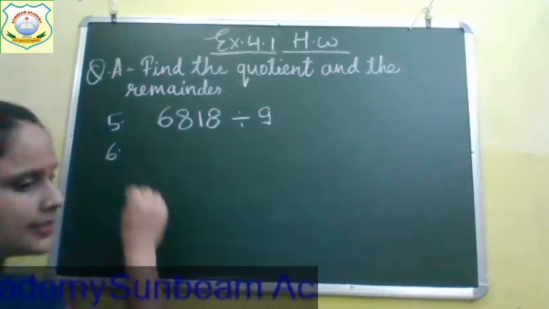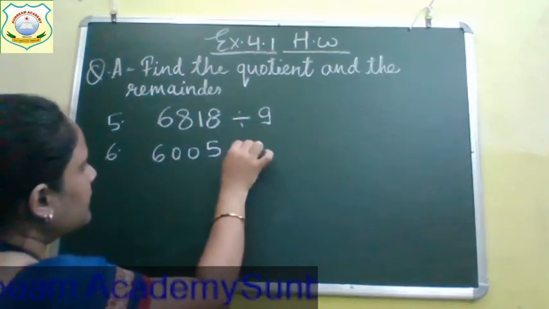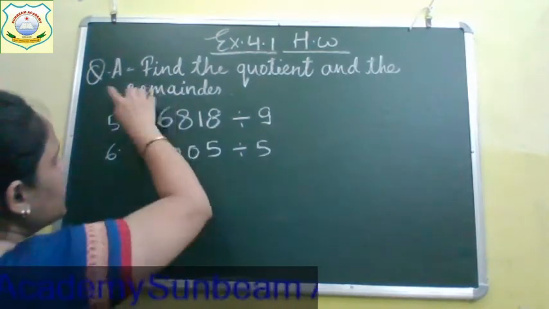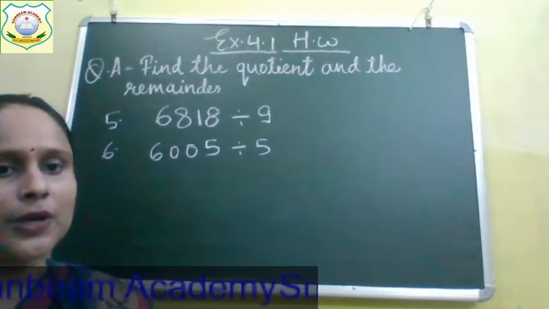Then next is 6005 divided by 5. This is your question A homework questions. Note it down in your notebook everyone.